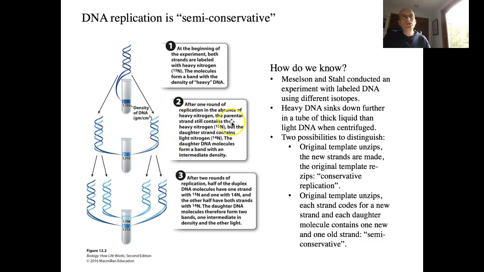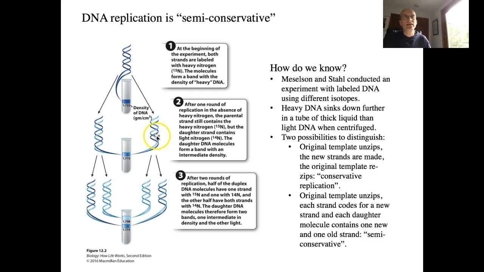And then they looked after one round of replication to see whether we now had two strands of heavy and two strands of light, or whether they had one strand of heavy and one strand of light. So what the book says here is that after one round of replication, in the absence of heavy nitrogen, the parental strand still contains the heavy nitrogen, but the daughter strand contains light nitrogen.